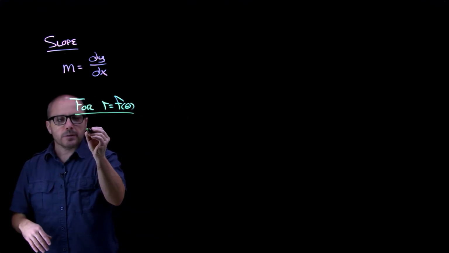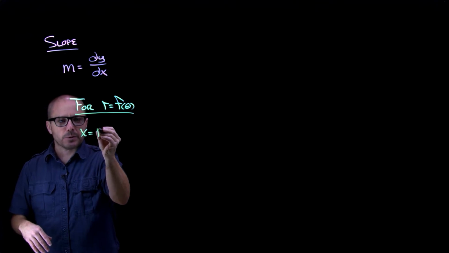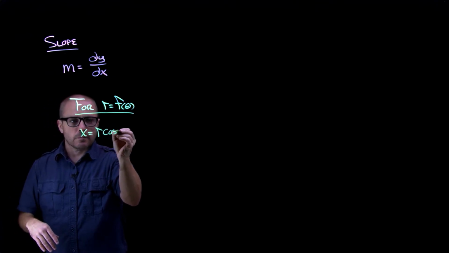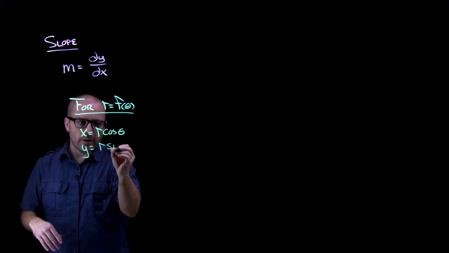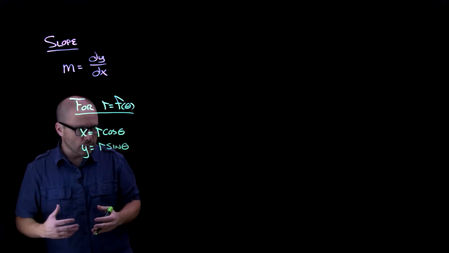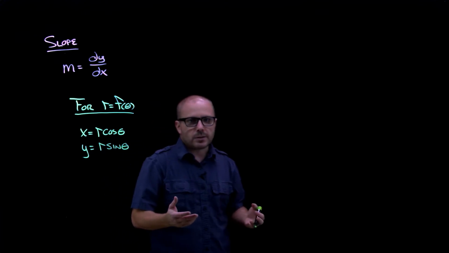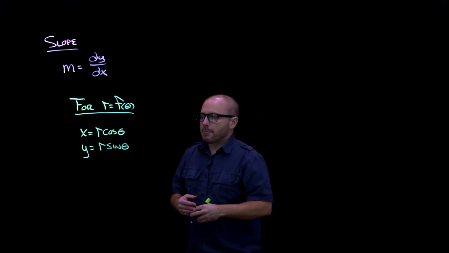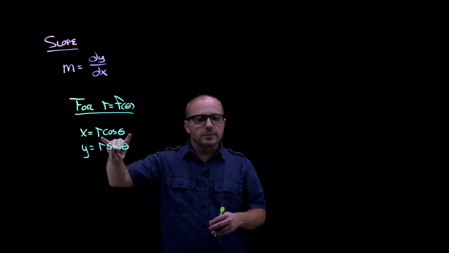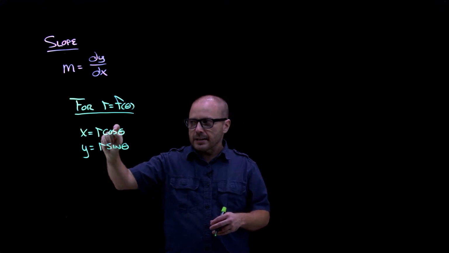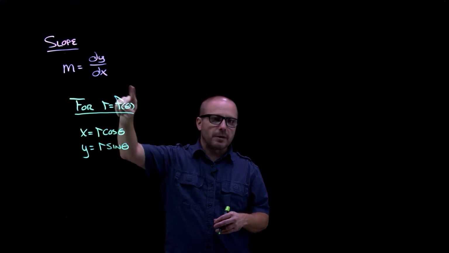So recall that in polar, every point in polar space relates back to x and y by our conversion equations, right? x equals r cosine theta, y equals r sine theta. Now, when you're on a curve, these two things are not independent. The theta is determining the r, and it's determining it by some function.